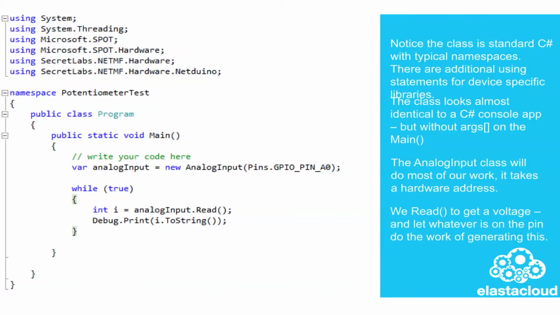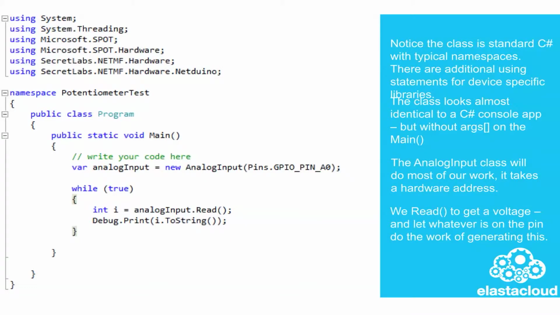But in order to do it with C#, it's as simple as creating an output port. The class OutputPort is provided in the .NET framework in the namespace Microsoft.SPOT.Hardware, which you can see at the top is included. You create an instance of this port and you pass it something called a pin. And you see here I have Pins.OnboardLED.